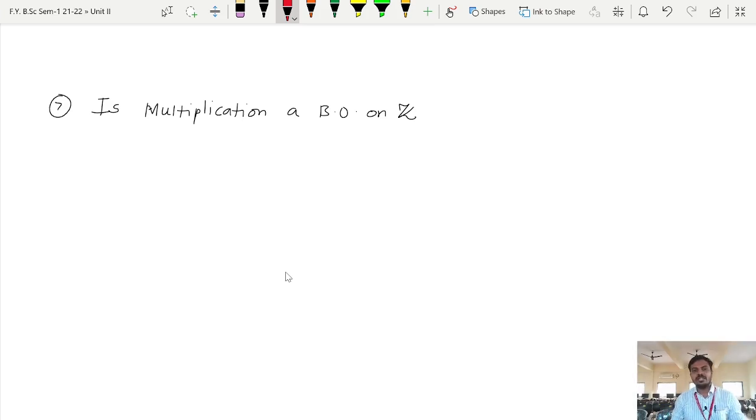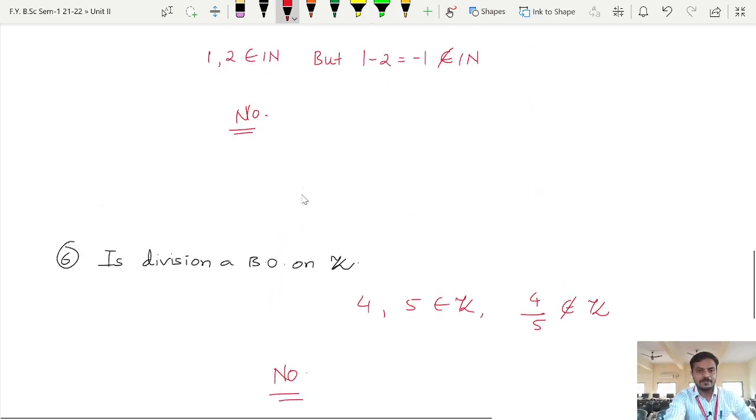If you take one negative integer, minus 2, and one positive integer like 3, minus 2 multiplied by 3 is minus 6, which is again an integer. If you take 0 and 100, multiply them, you will get an integer, and so on. So if you arbitrarily choose any two integers, the multiplication is again going to be an integer. So yes, multiplication is a binary operation on the set of integers.